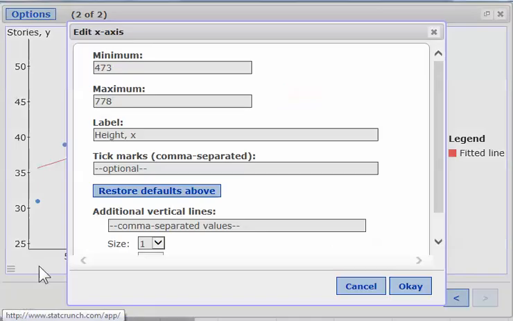So you say the y-axis, minimum 0, maximum, what do we say, 60? 60. Oh, that's the x-axis. I'm sorry. I'm on the x-axis. And then the tick marks, that's optional, but you can say I want one at 0, at 200, at 400, at 600, and 800.